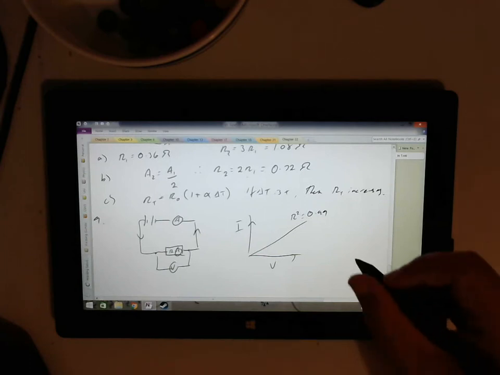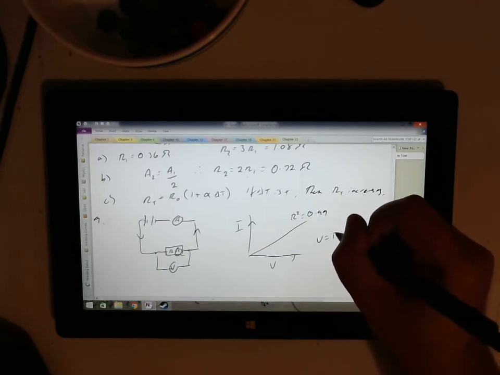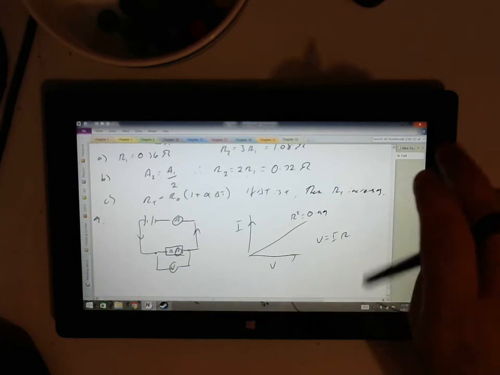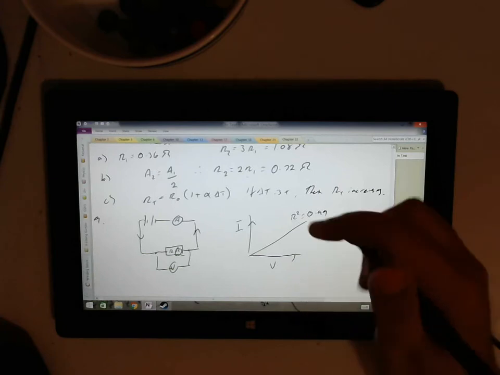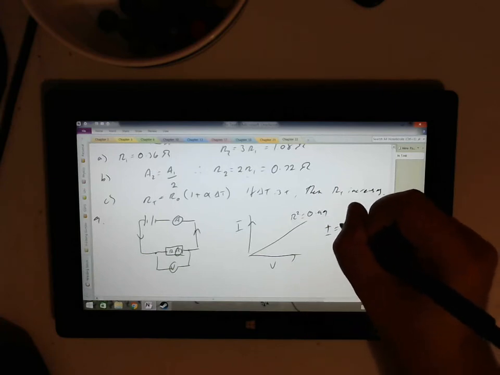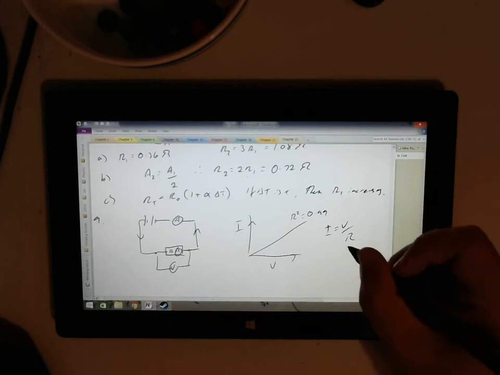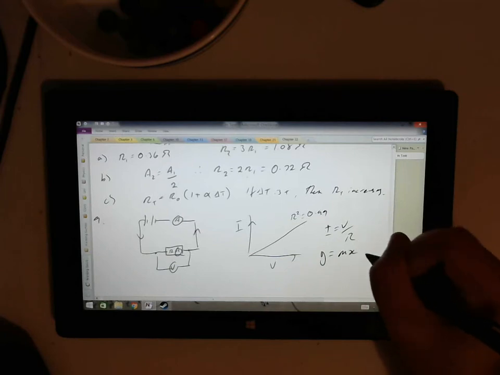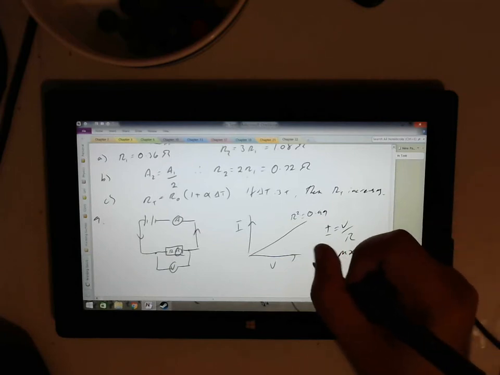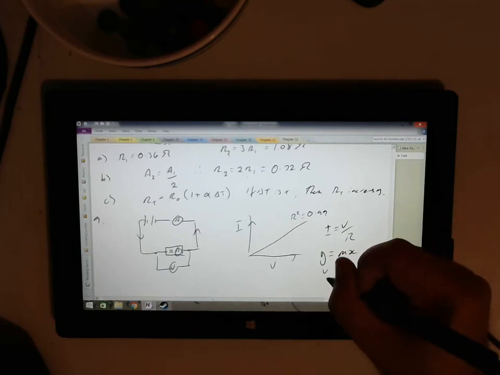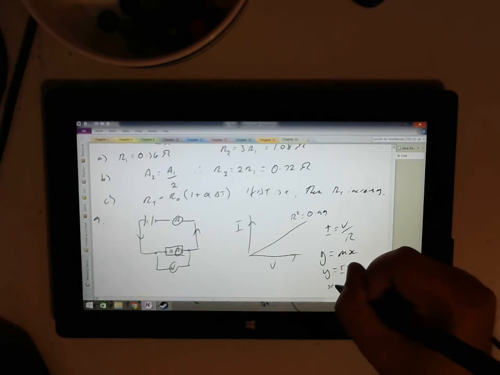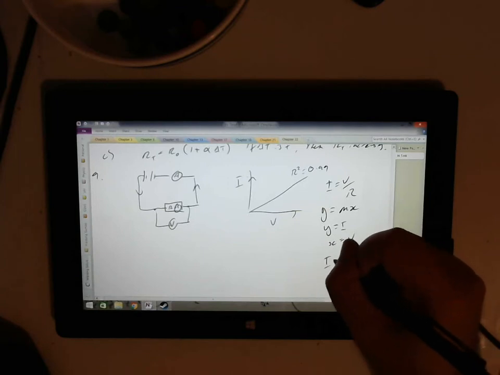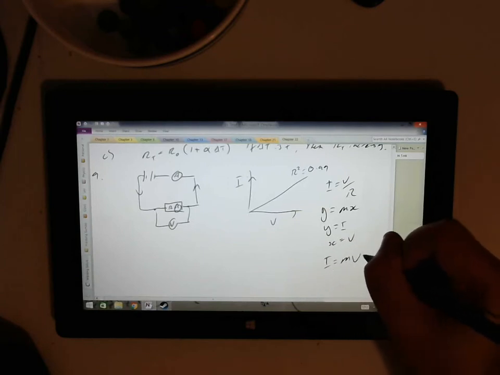And remember, if we look at the formula, V equals IR, or if we go the other way, sorry, I equals V over R. If y equals mx, and we have y is equal to I, and x is equal to V, then we have I equals mV.